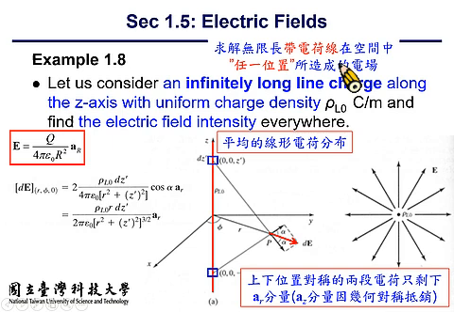All right? So to simplify the geometry of the problem, we place this infinitely long line on the z-axis. As you can imagine, what kind of coordinate system is more suitable for this problem?